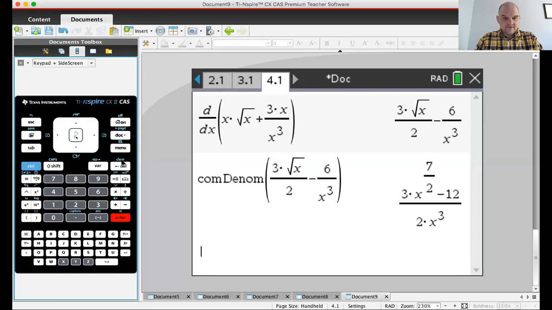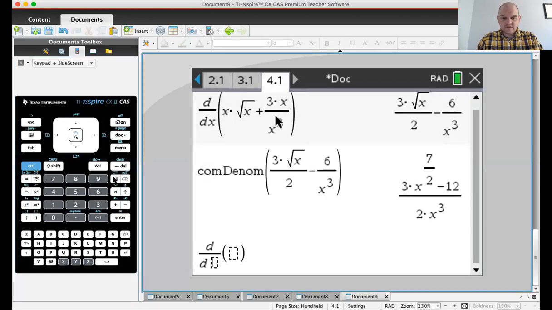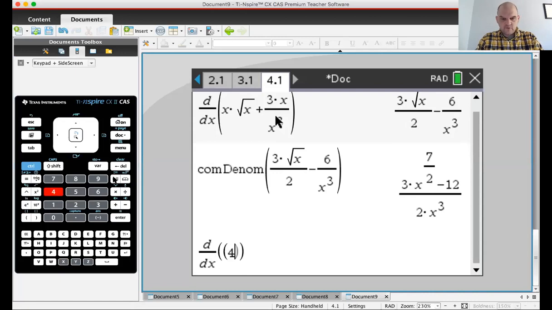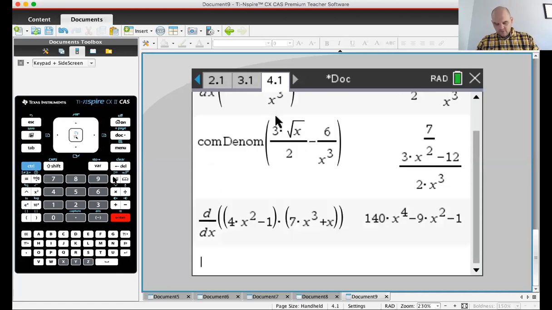I want the derivative with respect to x of the quantity 4x squared minus 1. Might it have been a better idea to expand first and just power rule? Maybe? That's always a tough call. 140x to the fourth minus 9x squared minus 1. Nailed it. All right, so I am going to switch back to the notes because we like to end on the notes.